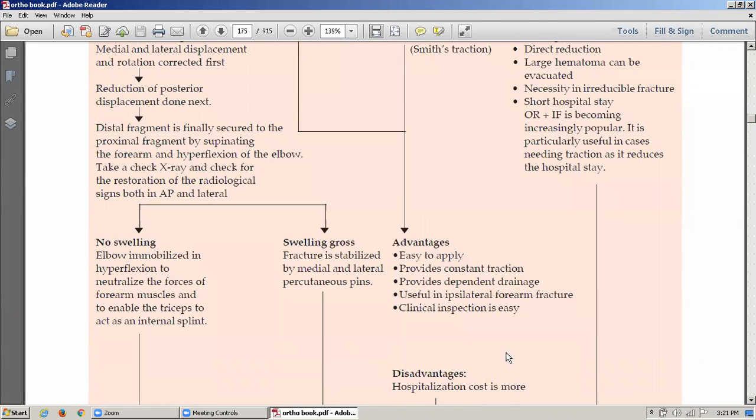The advantages of these traction methods are that they are easy to apply, provide a constant traction, provide dependent drainage, and are useful in ipsilateral forearm fracture. And clinical infection is easy to detect. Disadvantages are hospitalization cost is more.